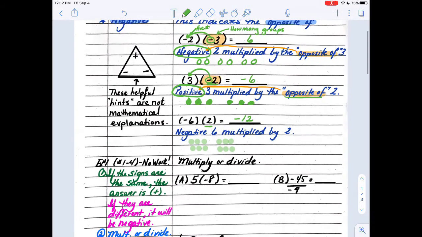So really what I'm trying to tell you is that negative means the opposite of. And I know some teachers give you those little rules of 2 negatives make a positive, or 2 positives make a positive. I've even seen a triangle with positive on top and 2 negatives on the bottom.